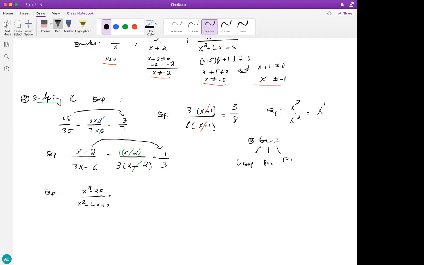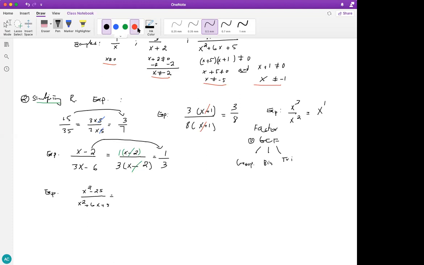As always, when you simplify rational expressions, what's the first thing you do? What is the main step called? What was that step from here to here? Factoring. That's right.